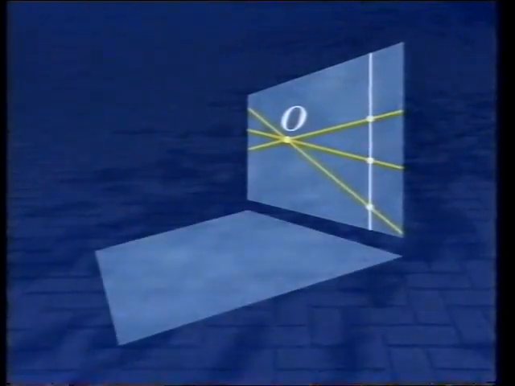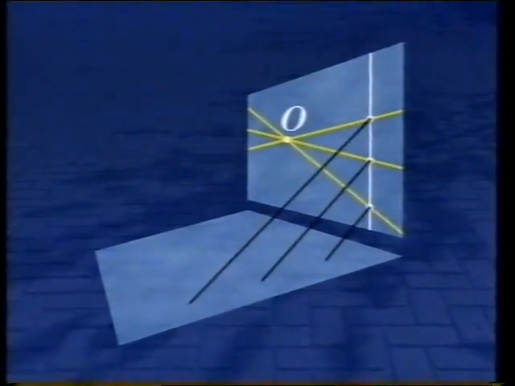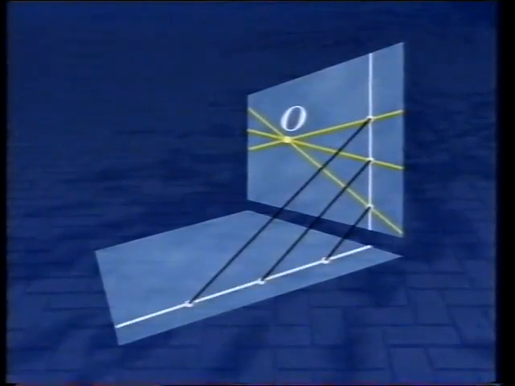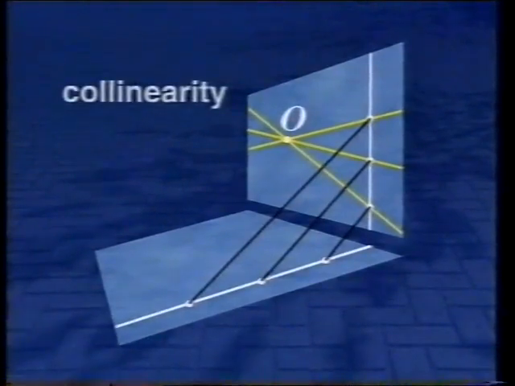If we map this plane onto another plane by a perspectivity, the images of the 3 points on a Euclidean line in this plane must be 3 points on this line in the image plane. So the images of collinear points are collinear. And collinearity is the sort of property we are looking for.